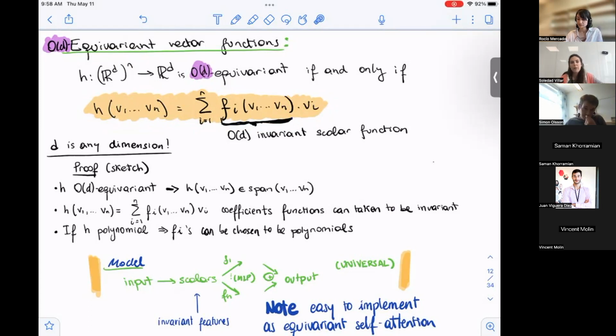This is something you can just prove by hand. For this example it is very simple. If you want to prove it for other groups, you can also do it.